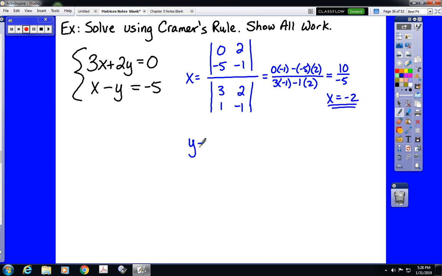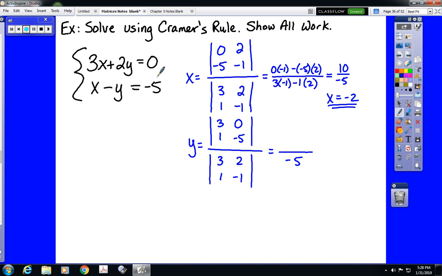For y, again, we do not need to reinvent the wheel here. We already know that bottom determinant is the same determinant. So we already know that equals negative 5. Up top, the x column will be intact, so 3 and 1. And the answers will replace the y column. So 0 and negative 5 will replace the 2 and the negative 1.